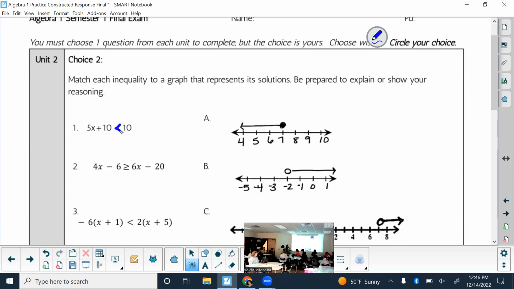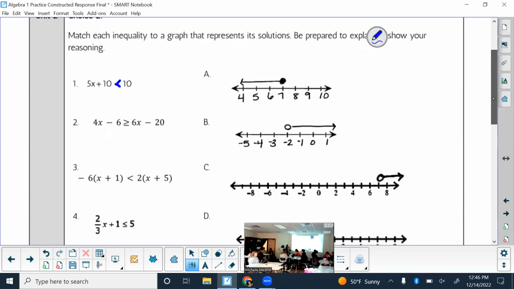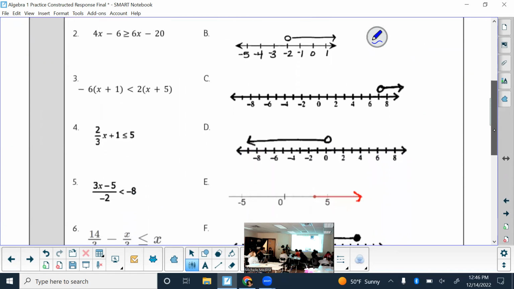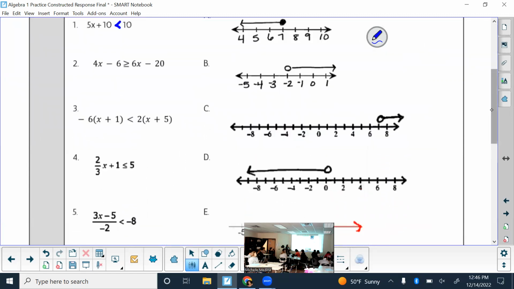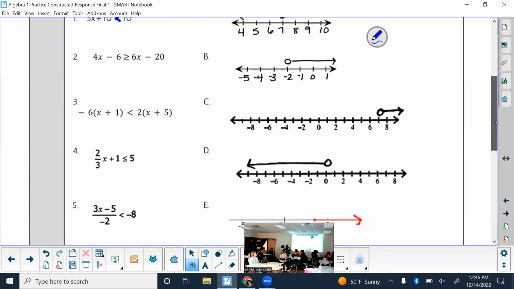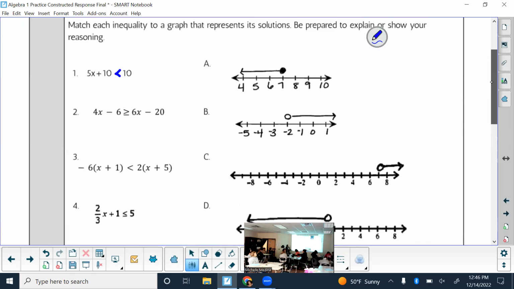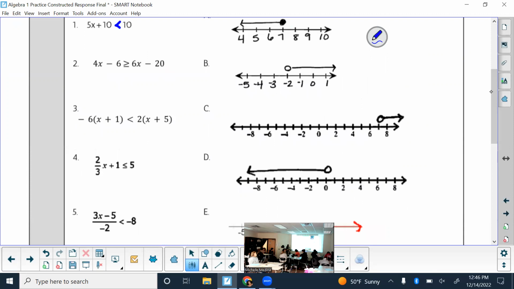Because this symbol doesn't have a line underneath, so you don't fill in the circle. So based on that alone, for number 1, my options that it can match to are really just B, C, and D, right? That makes it a little easier. But here's how to actually know which one.